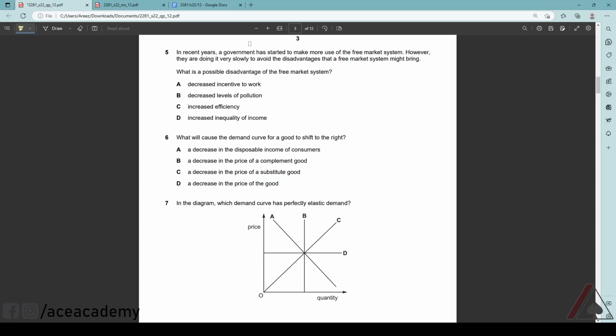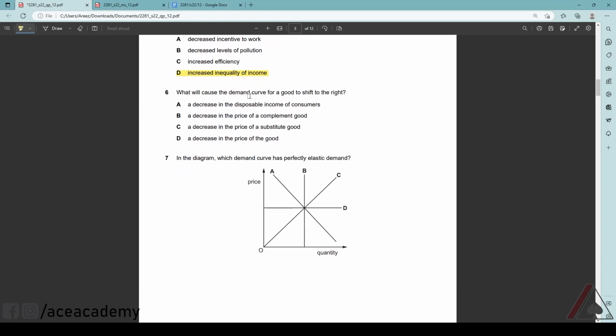It's going to be easier for people to set target pricing, etc. It means that people who have higher profit margins would end up benefiting more and more as time goes on, and therefore this would increase the inequality of income. Therefore, D is your answer here.